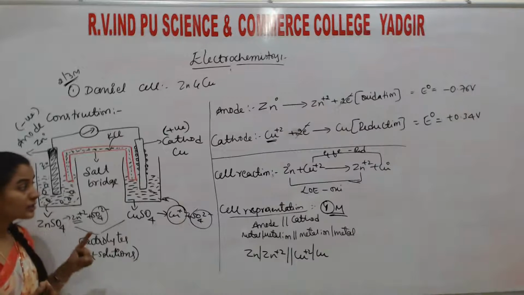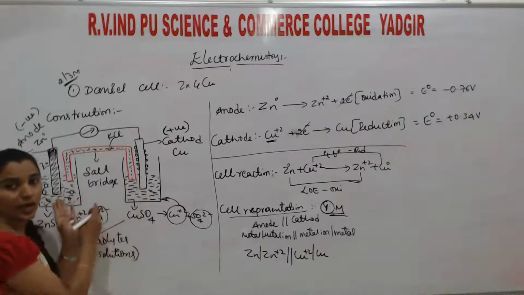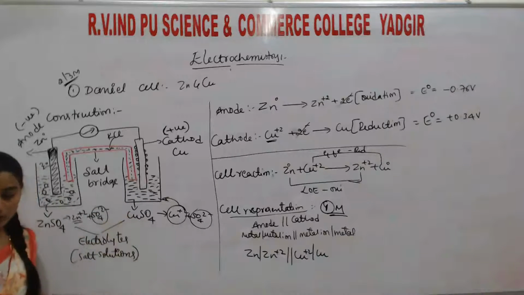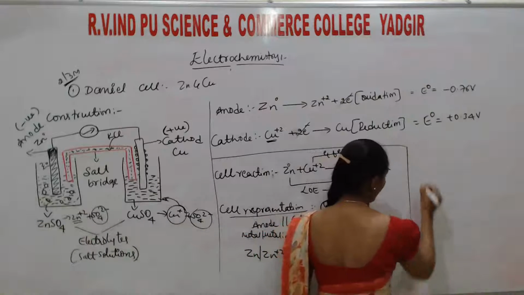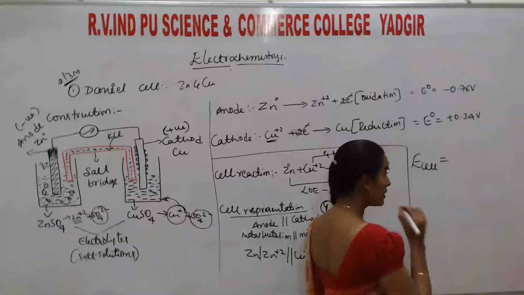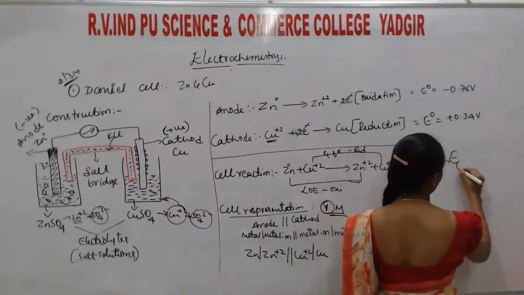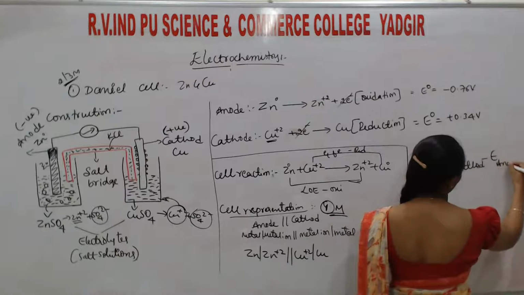Electromotive force. It is the potential difference between this anode and cathode. That is called E cell, the EMF of the cell. So E cell is always calculated as E cathode minus E anode.